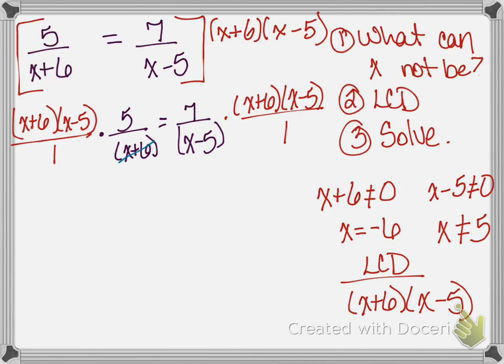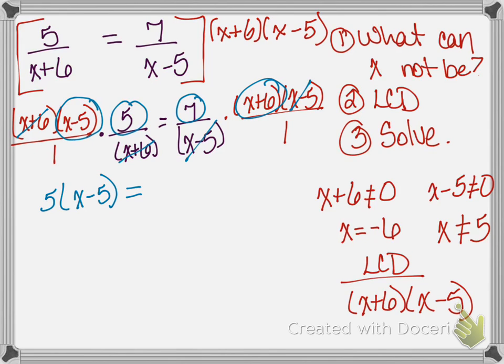So in our first rational, my x plus 6 cancels out. What do I have to do with this 5? I am going to have to distribute it. I'm going to do that in my next step, but I do have to distribute. X minus 5 and x minus 5 cancel. I'm left with 7 and x plus 6.